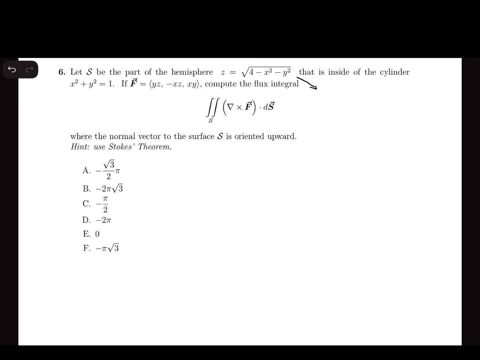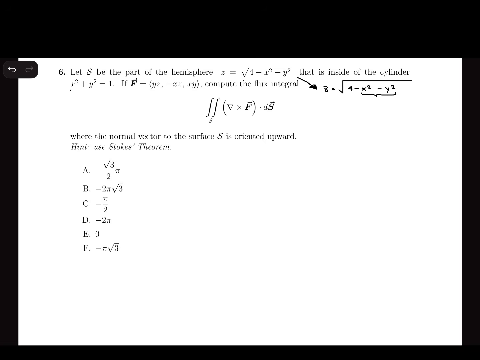So the first thing is we're going to look at this right here. z is equal to the square root of 4 minus x squared minus y squared. Now, the first thing we're going to want to do is find out what z is. And we actually have it already right here. There's an x squared plus y squared right here.